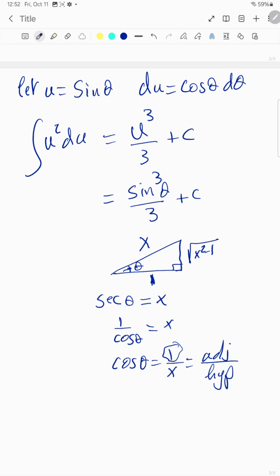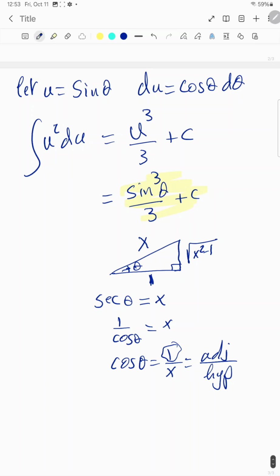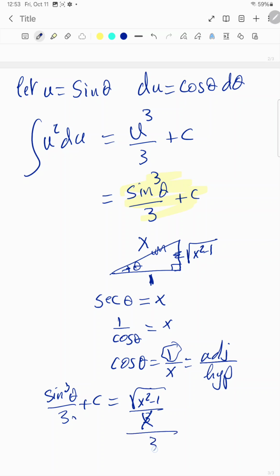So now I know sine to the power of 3 theta. My solution was sine to the power of 3 theta divided by 3 plus c, and the sine is the opposite divided by the hypotenuse. So the sine is the square root of x squared minus 1 divided by x, and I have the division by 3 here plus c, but that to the power of 3.